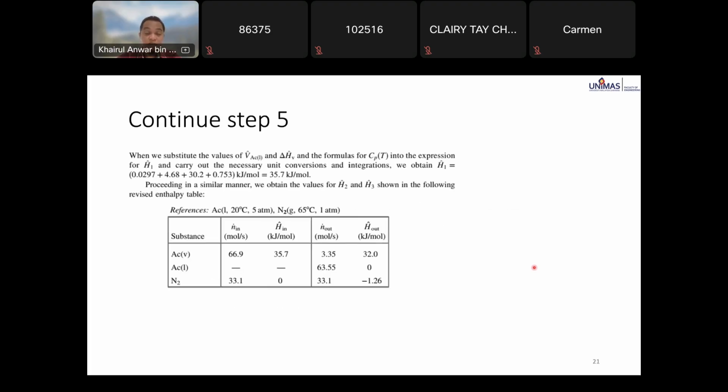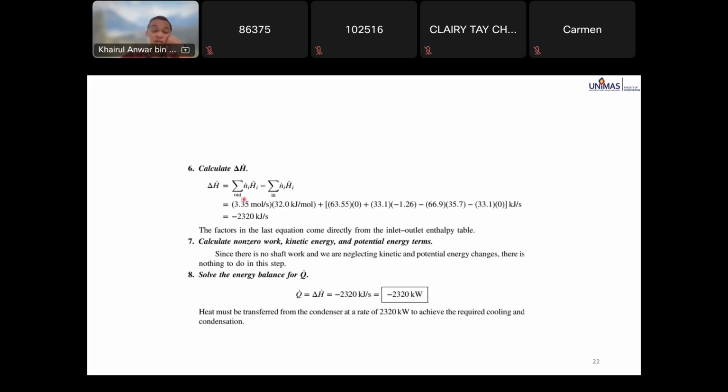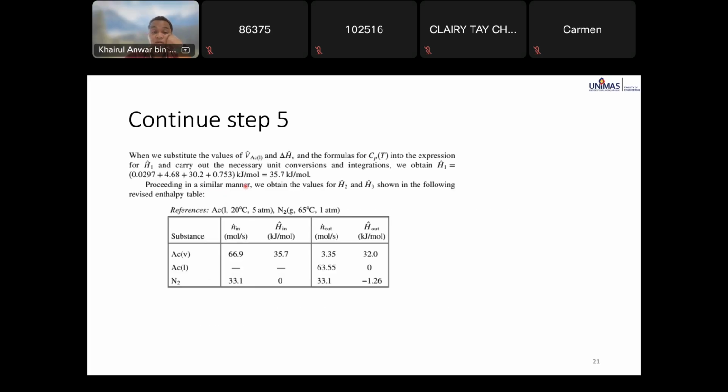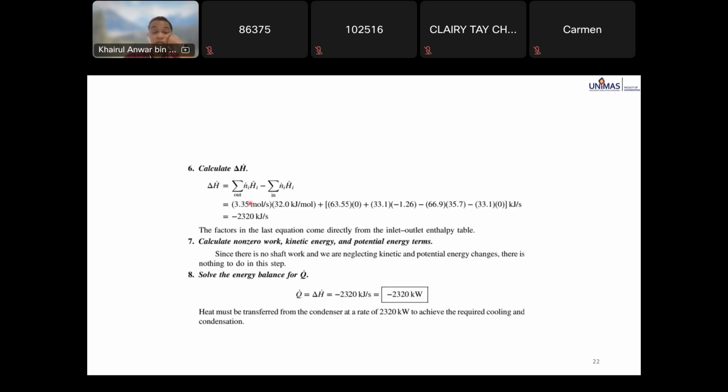Next, once you have all the H, the specific enthalpy, you need to calculate the rate, delta H. Equal to n is referred to this one, either n in or n out. So this is an n out.